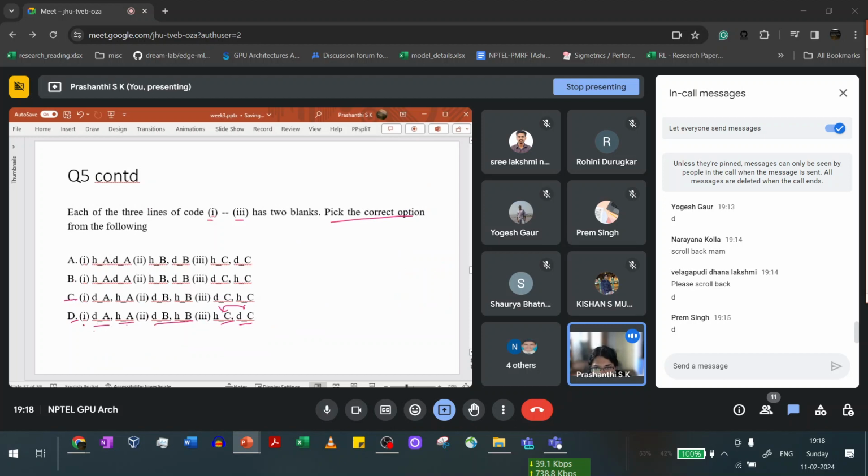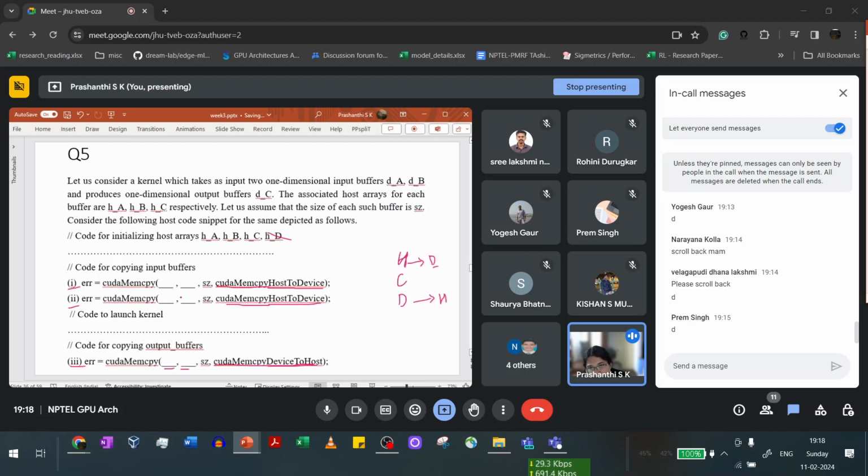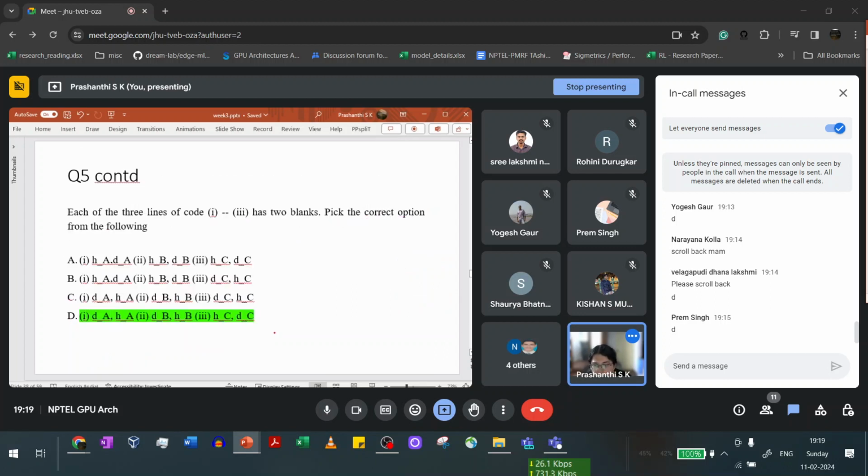But that's why the answer is D. All you need to remember is that it's destination comma source, and try to reason out from where you're copying and to where you're copying for a particular line. Is this clear? I'll wait for a few seconds to see if there are any questions, and then we'll move to the next one.